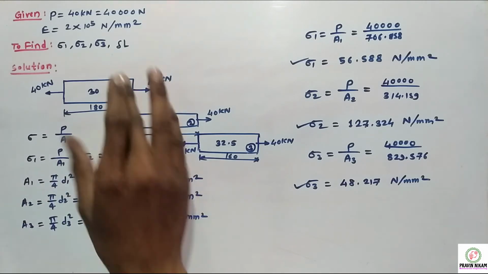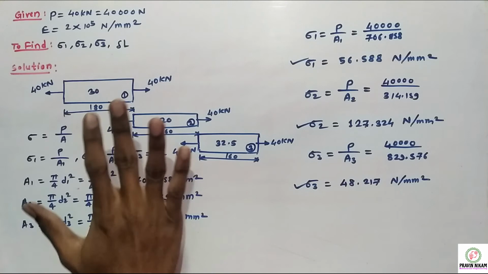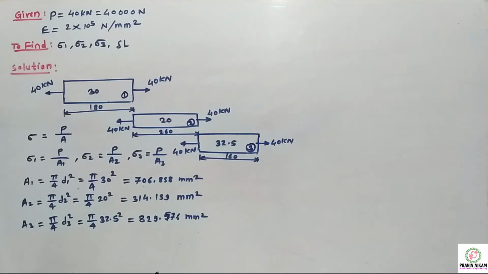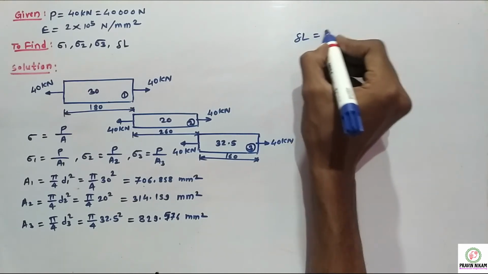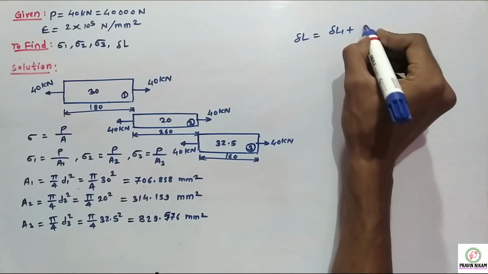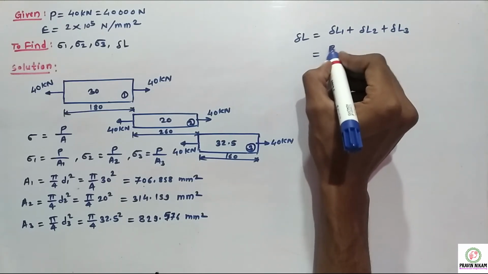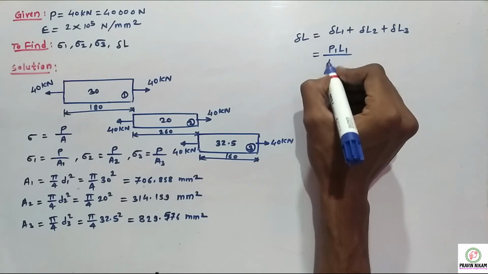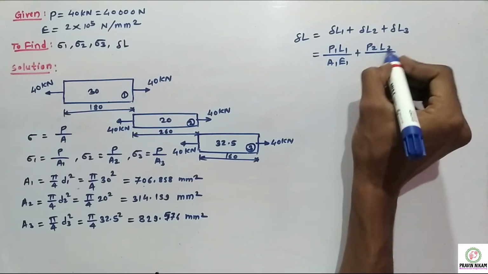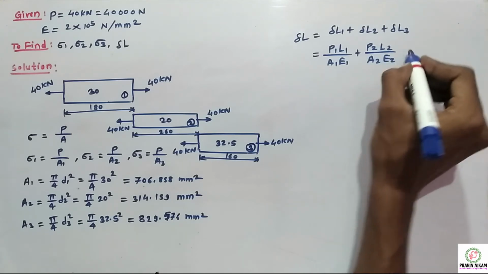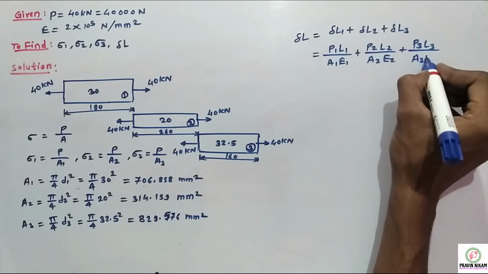Now we have to find delta L, total extension of this composite figure. So now see how to find out delta L. So total delta L we know is delta L1 plus delta L2 plus delta L3. That is equal to P1 L1 divided by A1 E1 plus P2 L2 divided by A2 E2 plus P3 L3 divided by A3 E3.